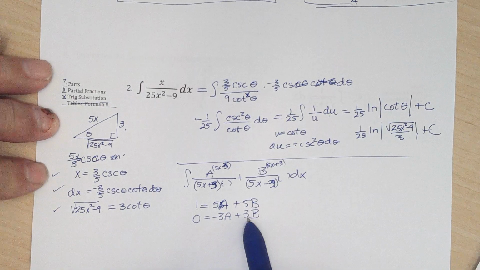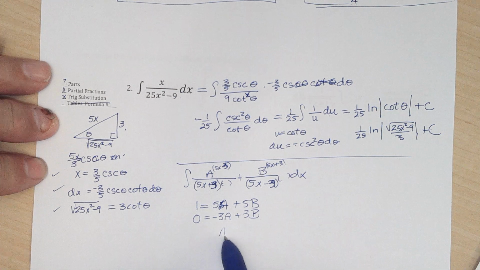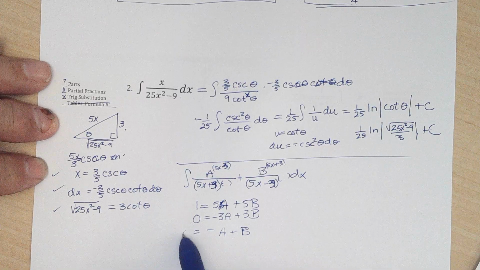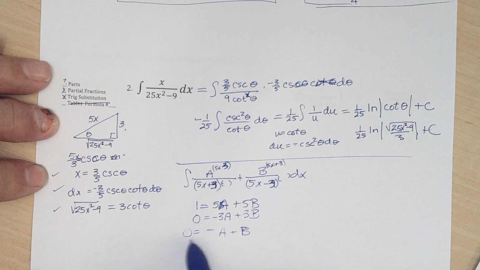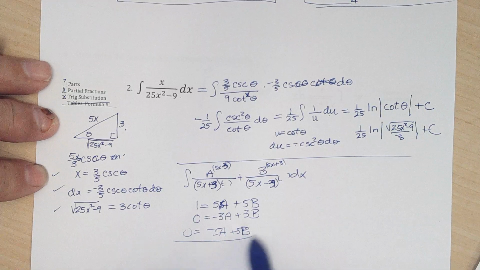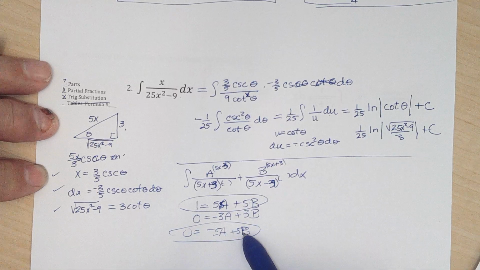I could take the second one and divide it by 3, and I would have minus a plus b equals 0. Then I could multiply by 5 and then add it to this one, and the a's would drop out, and I get 10b equals 1.